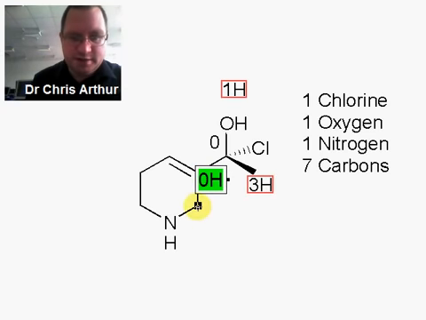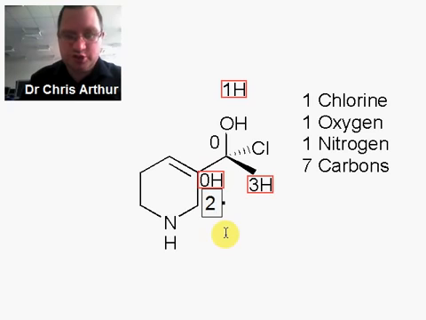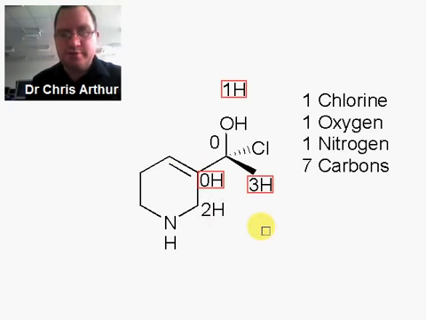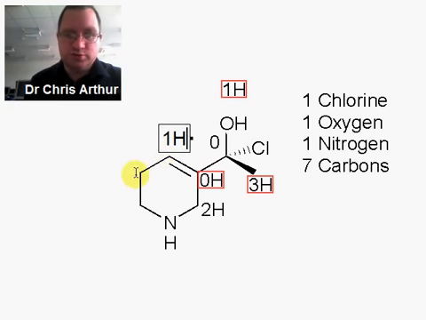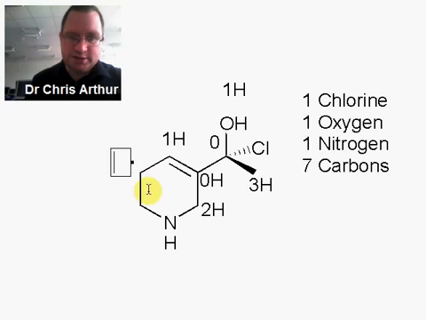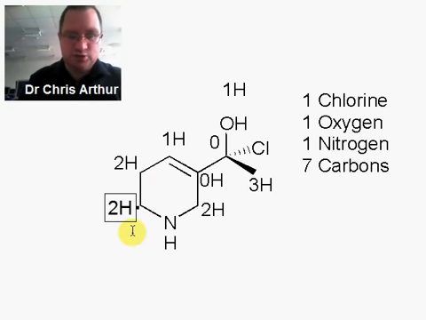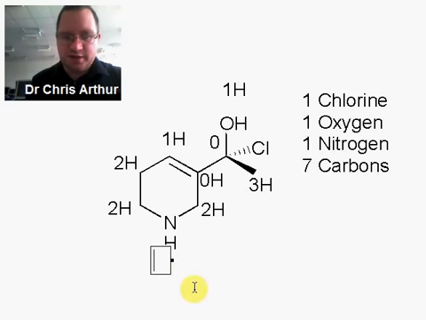This carbon here, on the other hand, has 2 hydrogens attached to it. It's got 2 bonds drawn to it. Remember, carbon makes 4 bonds, so that means we've got 2 hydrogens. This carbon here has 3 bonds drawn to it, including this double bond, that means it has 1 hydrogen. This carbon has 2 hydrogens bonded to it. This carbon has 2 hydrogens. And let's not forget the nitrogen, which has 1 hydrogen.